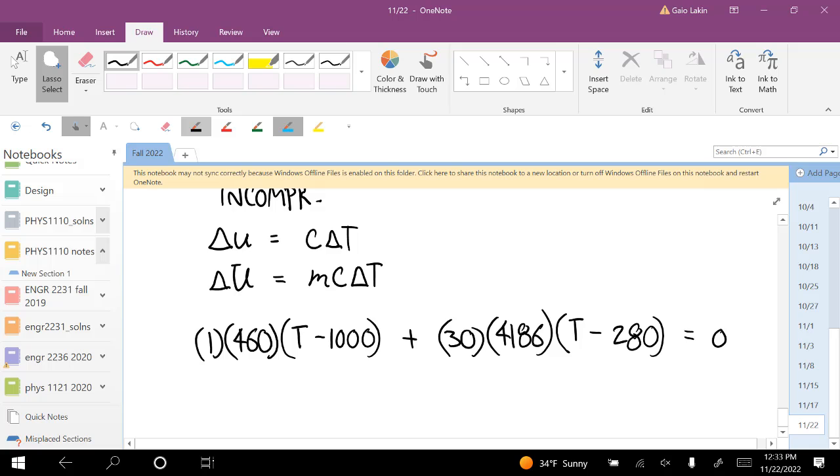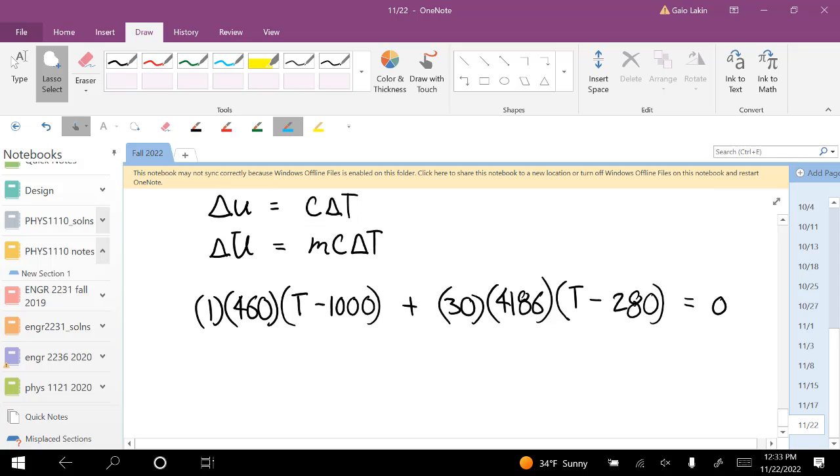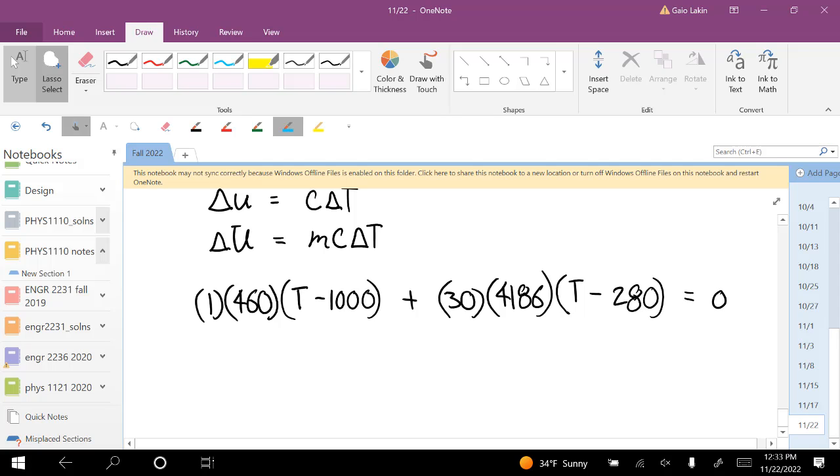And that all has to be equal to 0. There's no change in internal energy for the whole system. Solve this and you get that T is 282.6 Kelvin.